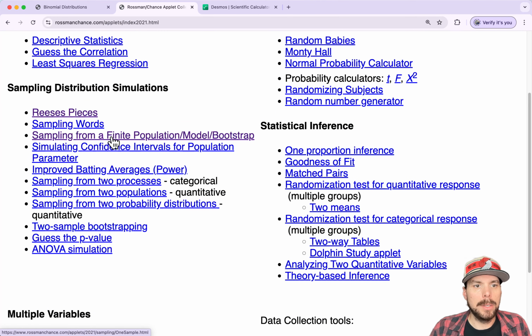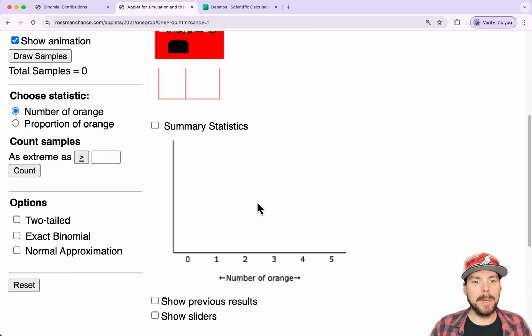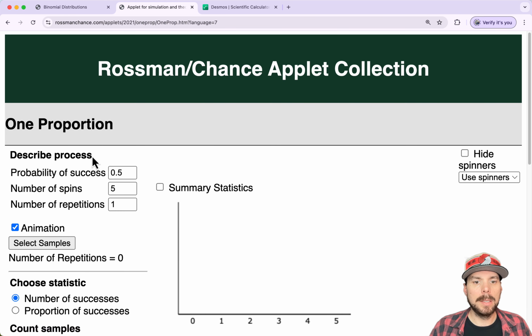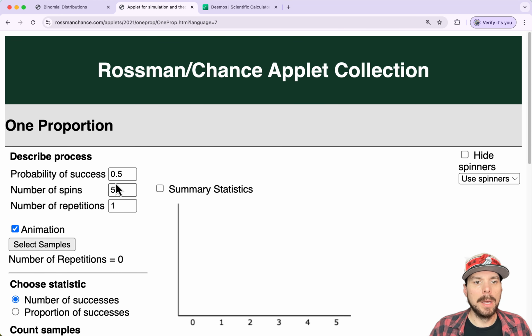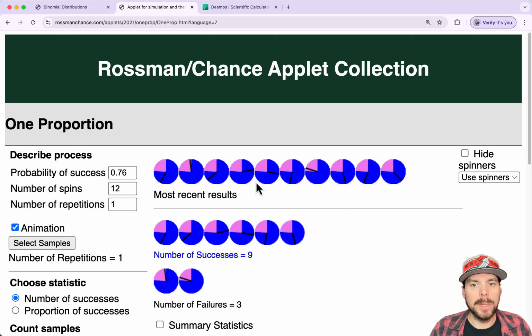I recommend going to Reese's Pieces, which is a categorical type of simulator. And if you scroll down to Spinners here, this is the most generalized version of it, where we can put in our probability of success of 76% and do 12 spins to figure out what it would be like to select 12 jurors from this population using a spinner.